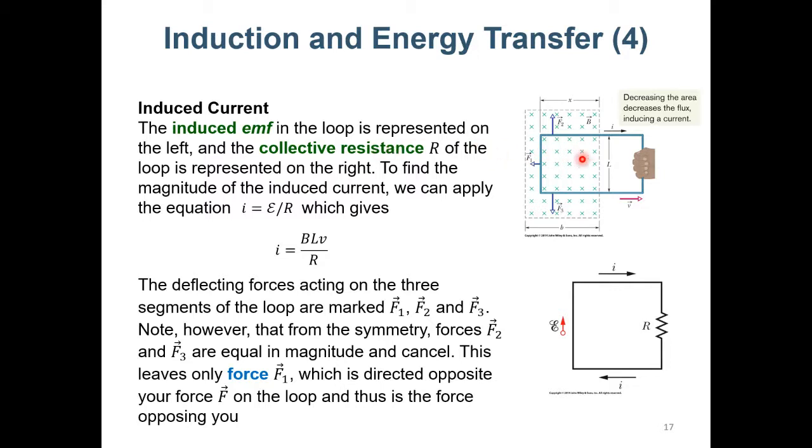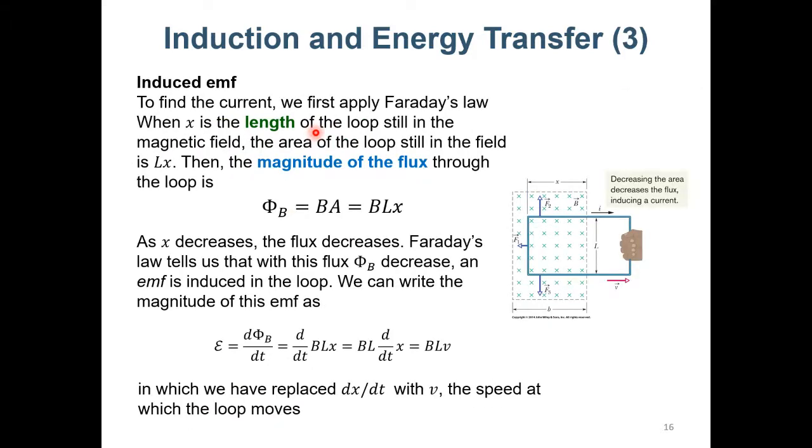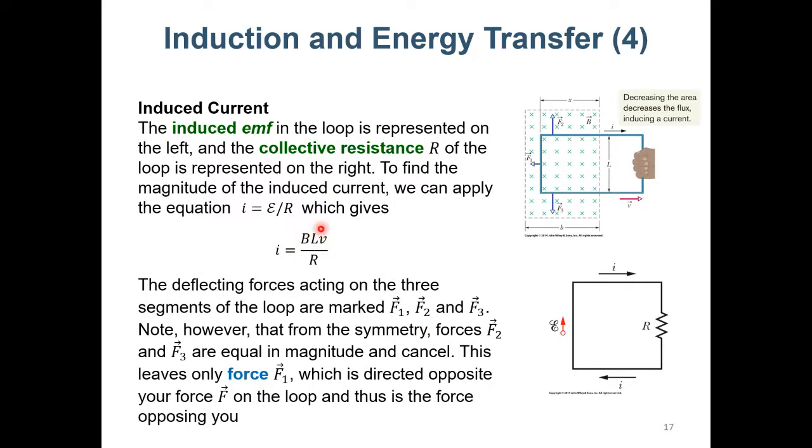So we assume the total resistance around this loop is R, and we can apply I equals E divided by R. It's just Ohm's law. In the last page, we had E equals BLv, so we substitute it here to get the current.